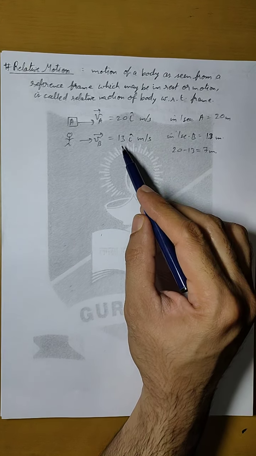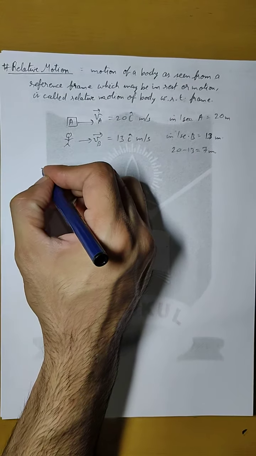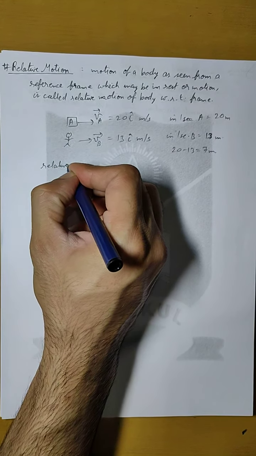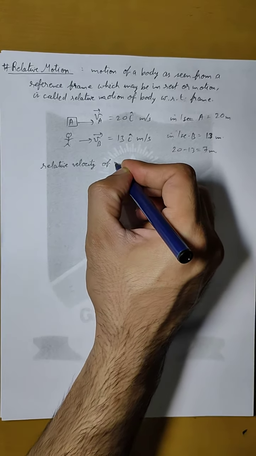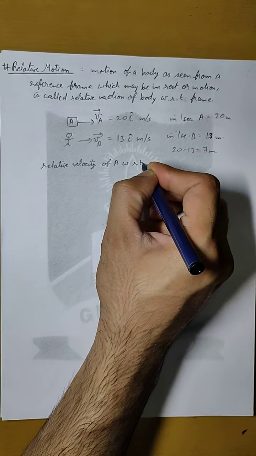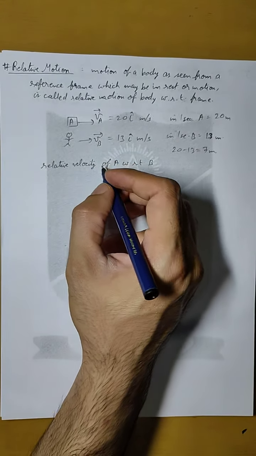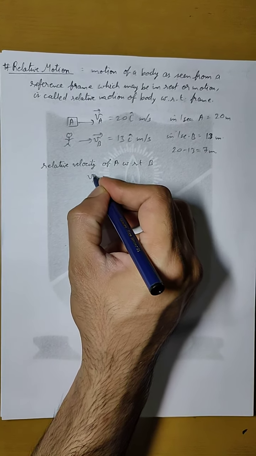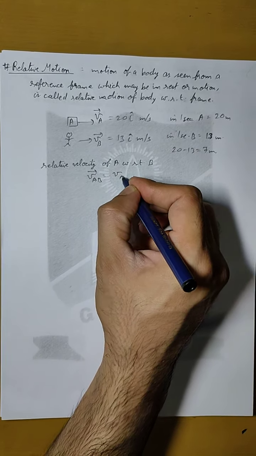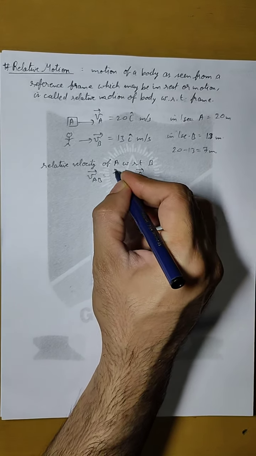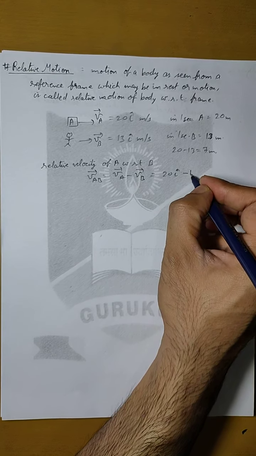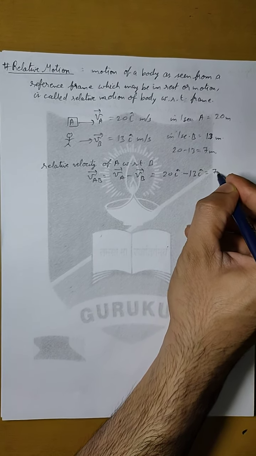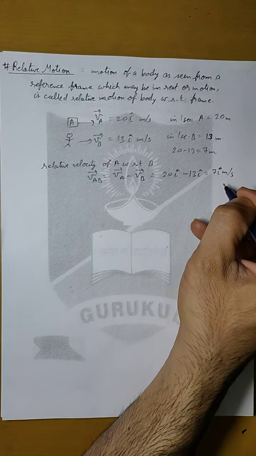So we can say the relative velocity of A with respect to boy B can be written as Va minus Vb, so it will be equal to 20 i cap minus 13 i cap, so it will be equal to 7 i cap meter per second.